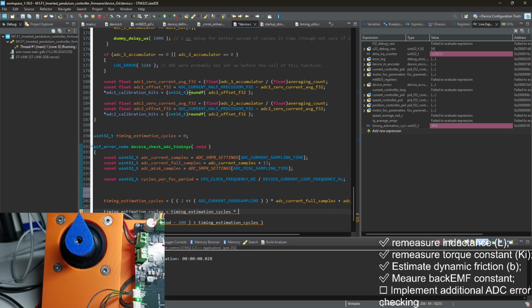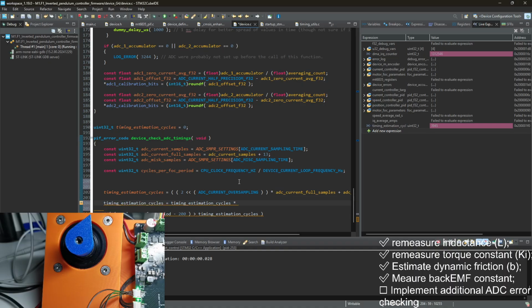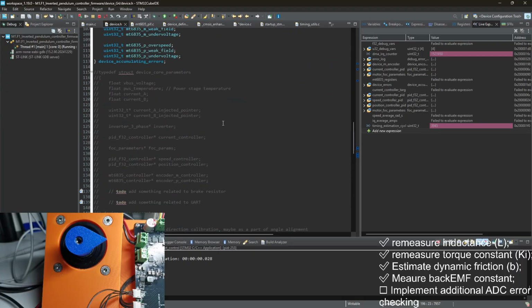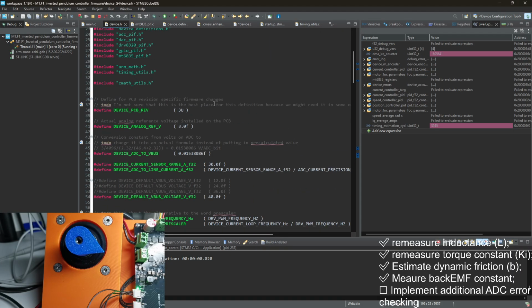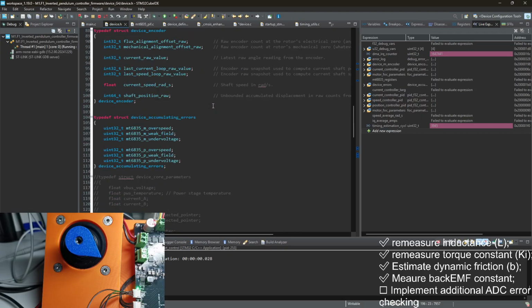So what we need to do is to actually use this definition, and then we need to divide by the ADC frequency, which is definitely somewhere.